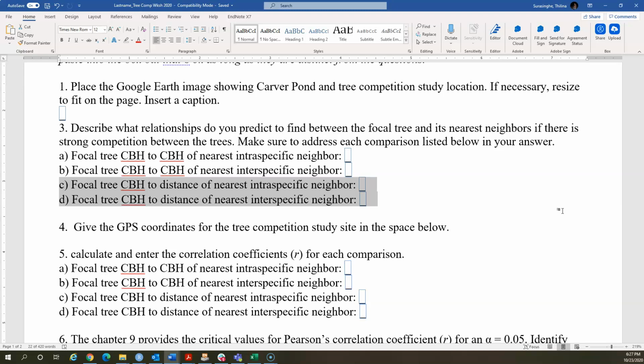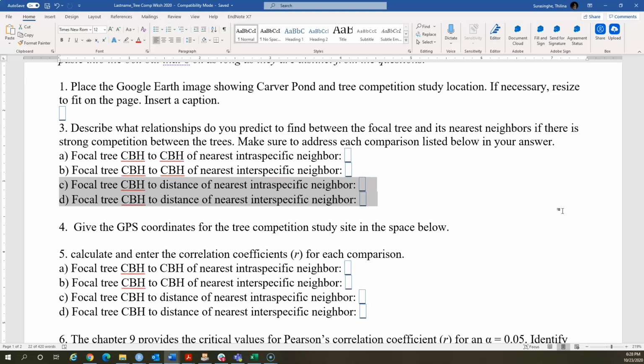Competition within a particular species will increase the distance between them, because some of the younger individuals that are weaker competitors actually die. So they cease to exist. As a result, stronger competitive forces between two trees will increase the distance between them.